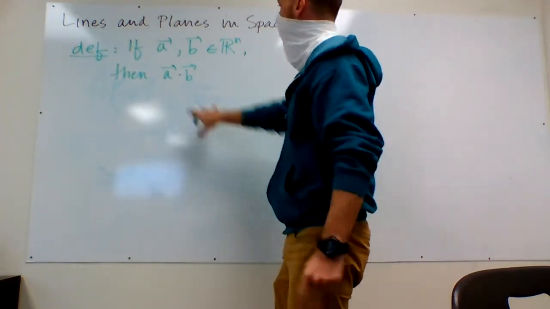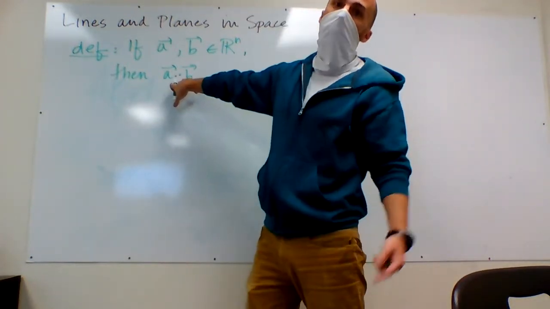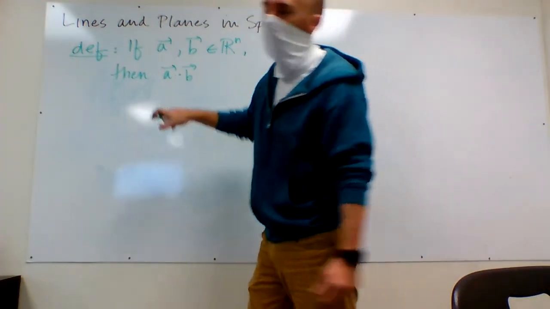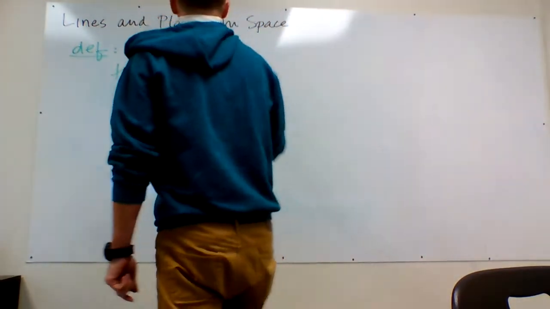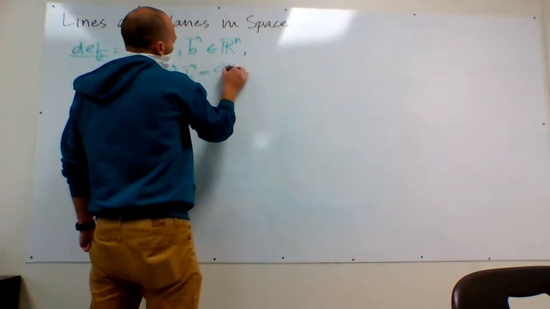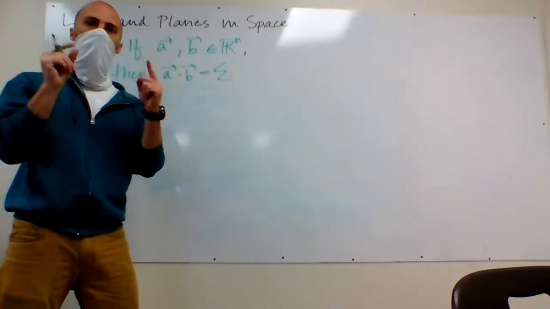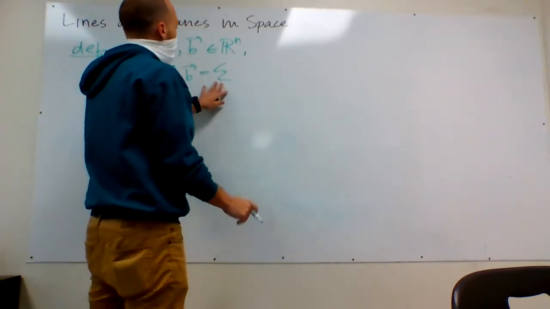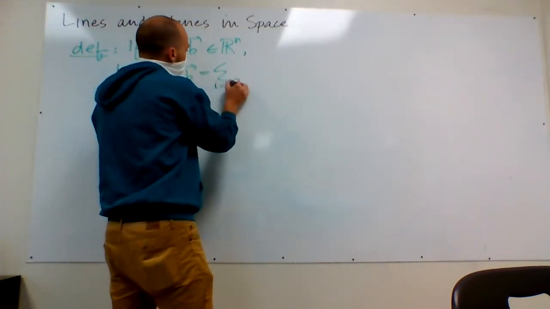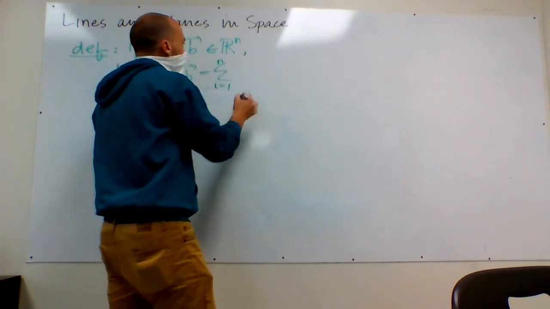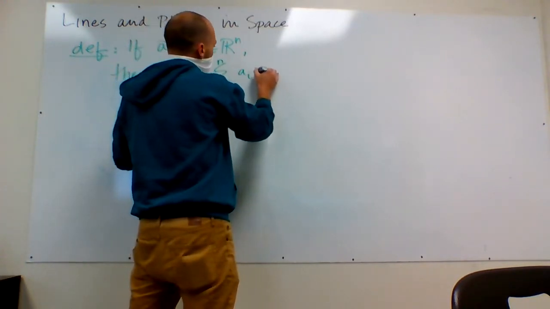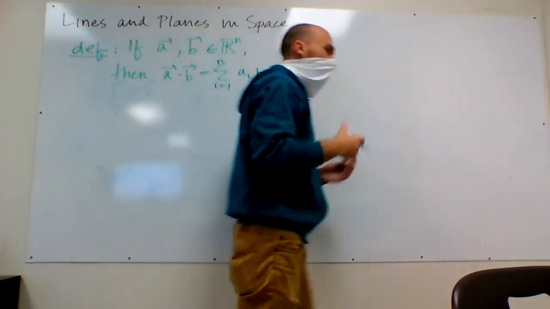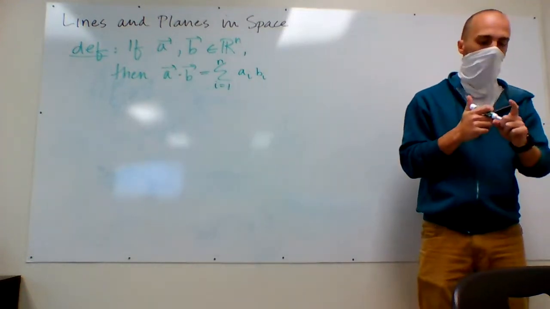Two vectors that are orthogonal or perpendicular are going to have a dot product of 0, but you'll see that more in a bit. And so what we do is take the corresponding components of each vector, multiply them, and then add all of those together. So it's the sum as i runs from 1 up to n of a_i times b_i, where a_i is the ith component of A.